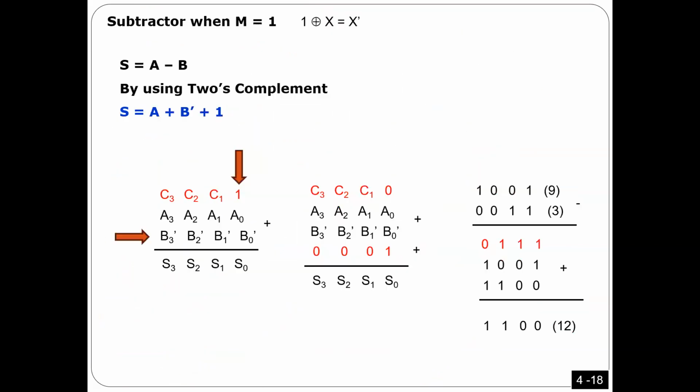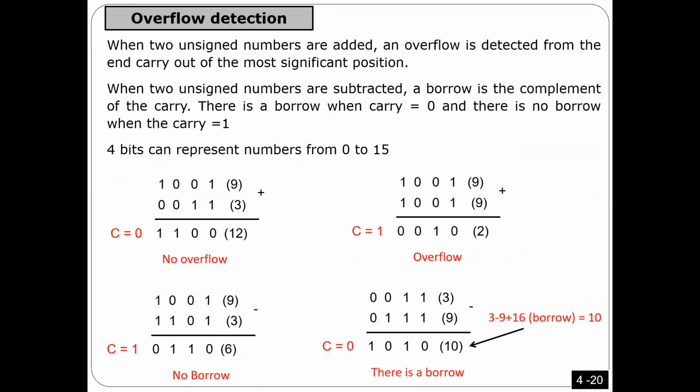So let's start with overflow detection. Nothing is new here. This is similar to what I explained to you before about overflow. It's very simple. I'm going to take two cases, similar to what I explained before. The first case is unsigned numbers.